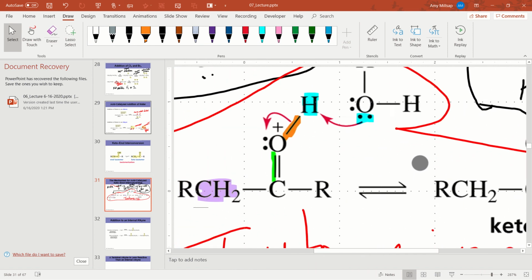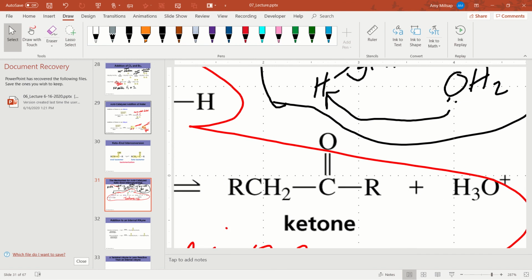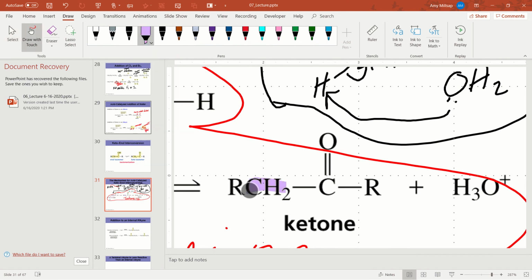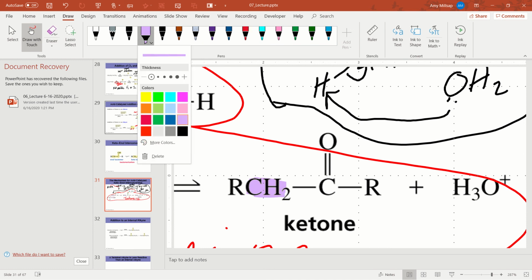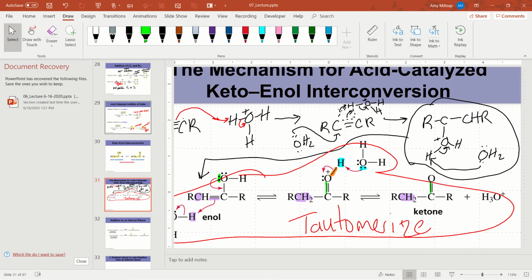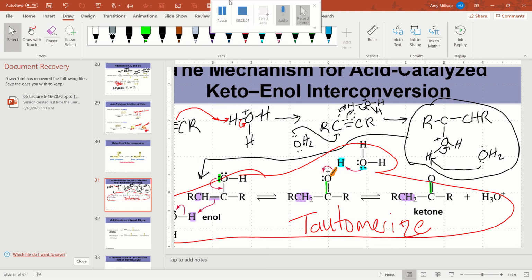Okay. So we have our new hydrogen here and our new pi bond here. And then we also have a new lone pair on the oxygen that came from the bond that oxygen had to water. But ultimately, the important changes are the purple and the green. And that's just looking at what tautomerization involves.